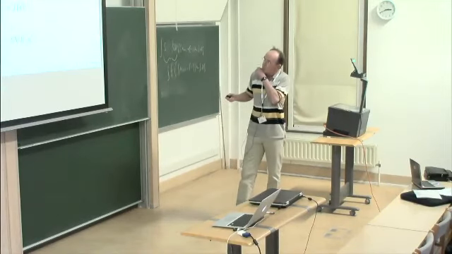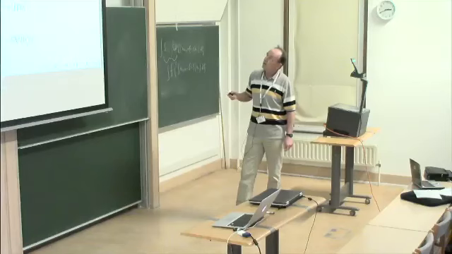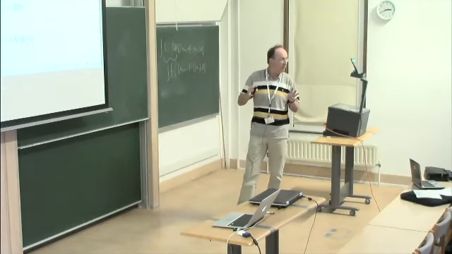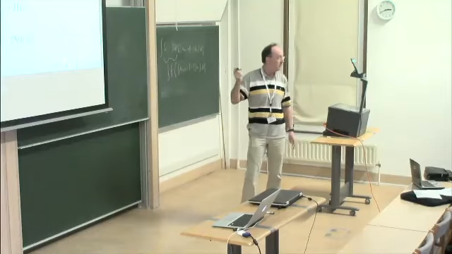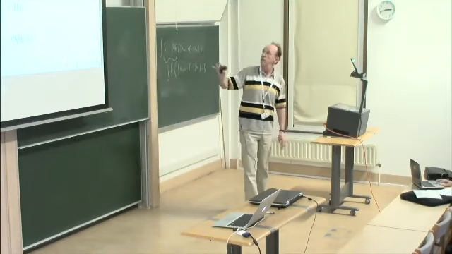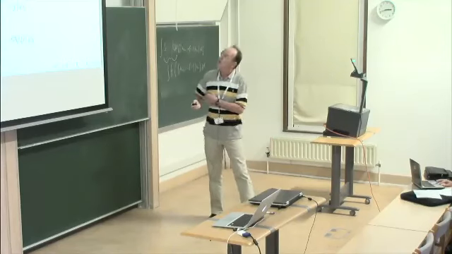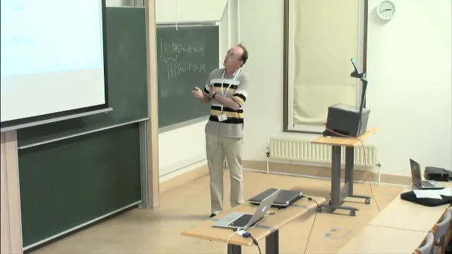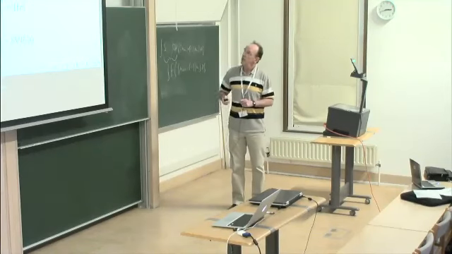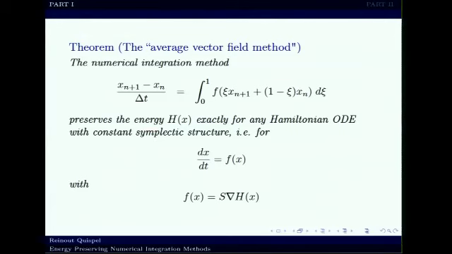If there is an energy, it will preserve it, at least for a constant symplectic structure. Not only that, but since the method now depends on the vector field without any splitting or anything like that, it turns out this is a so-called B-series method, and the whole theory of rooted trees and so on applies to this, and we've done a lot of work looking into that, which I won't go into during this talk, but it's sort of an analog of the whole theory of symplectic B-series methods and Runge-Kutta methods.